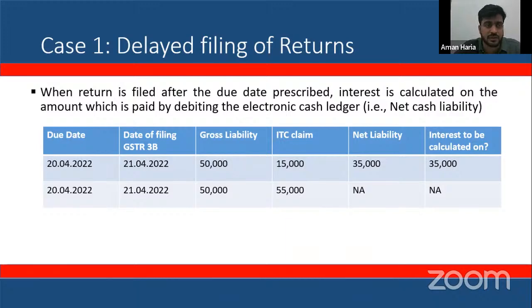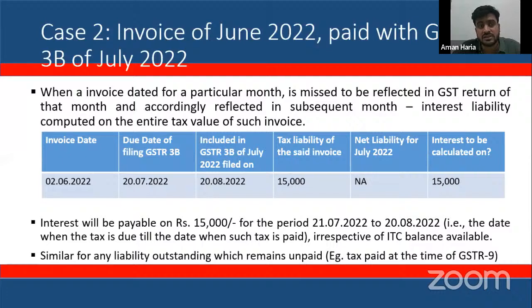The second case is, say for example, a specific invoice of June 22 that you missed in your GST returns of June 22 altogether, and that you are paying in GSTR 3B of July 22. So what happens in this case? Say your invoice date is 2nd June 2022.